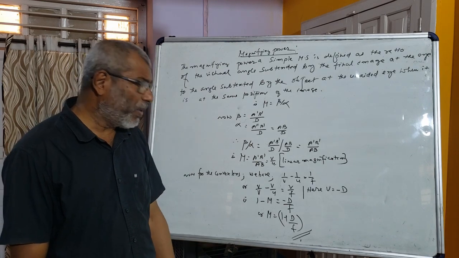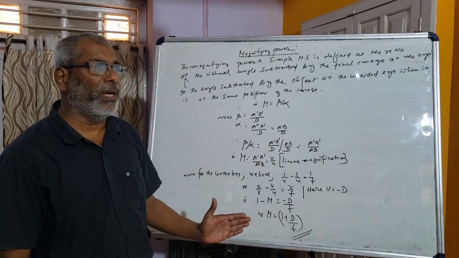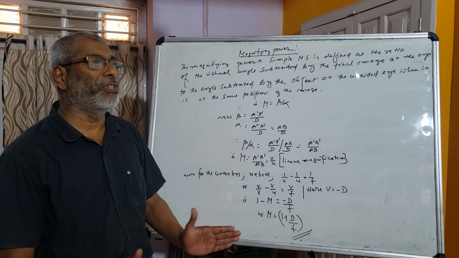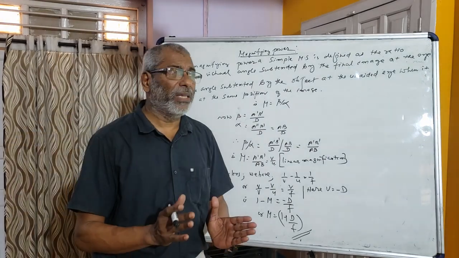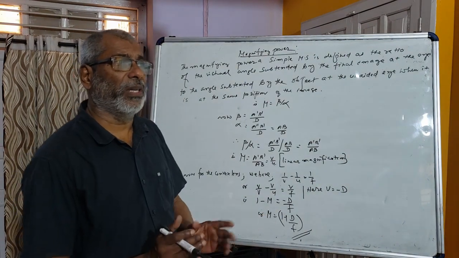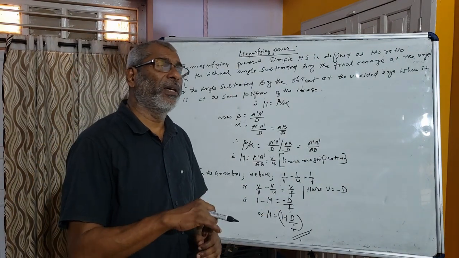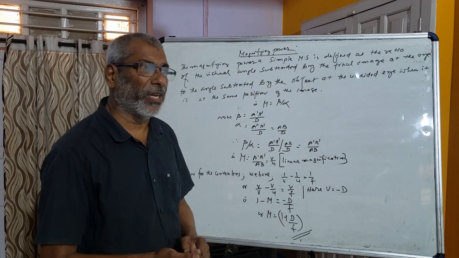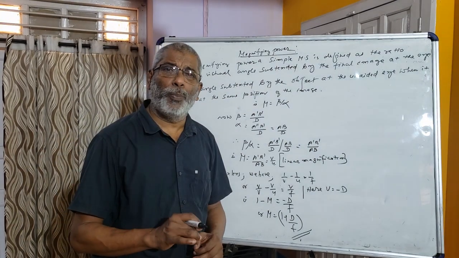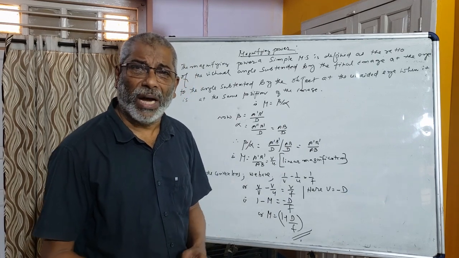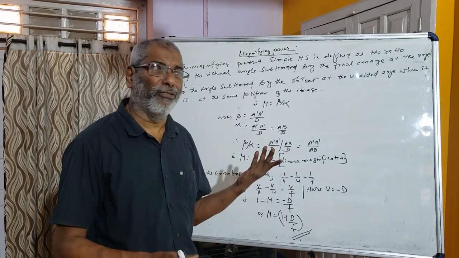So in the first case we have adjusted the distance between the object and the lens so that the image is formed at the least distance of distinct vision. Next case, we shall be adjusting the distance between the object and the lens in such a way that the image is formed at infinity.